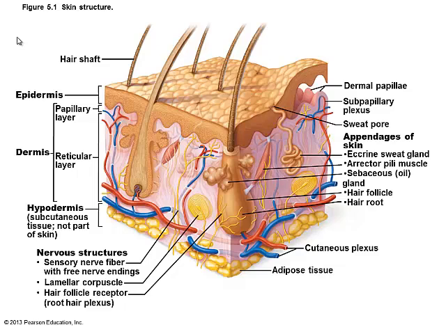Connective tissue. Epithelial tissue. Adipose tissue underneath. So when we look at skin, the structure of skin, we see 3 distinct layers.